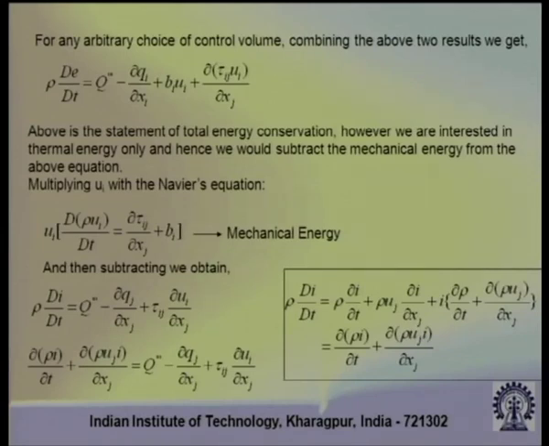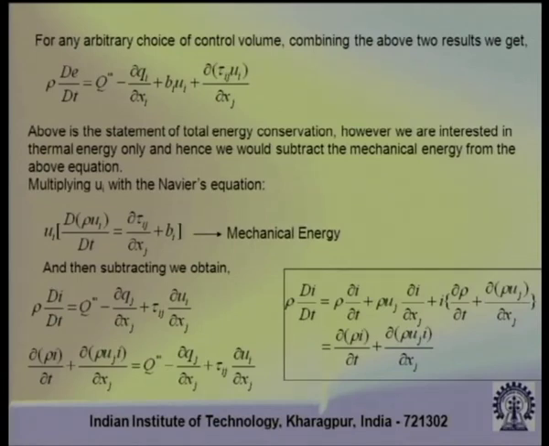So, the left hand side is like rho into the total derivative of the specific energy, and on the right hand side you have the volumetric heating term, the surface heating term, the work done due to body force and the work done due to surface force. So, it is nothing but a differential form of expressing the first law of thermodynamics for a control volume, nothing more than that.